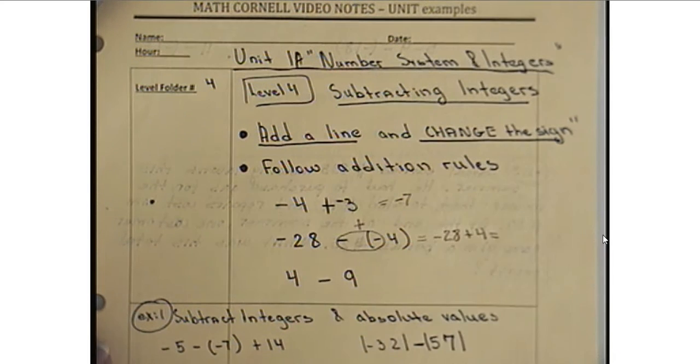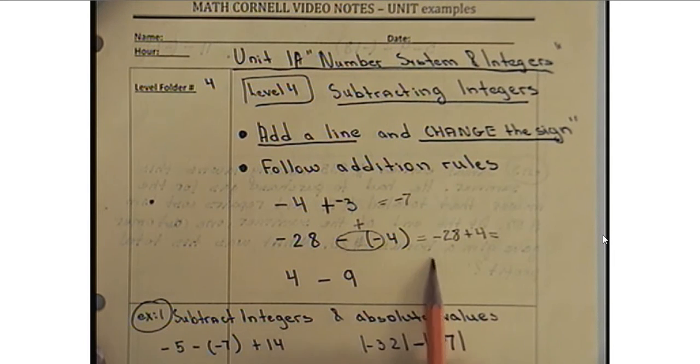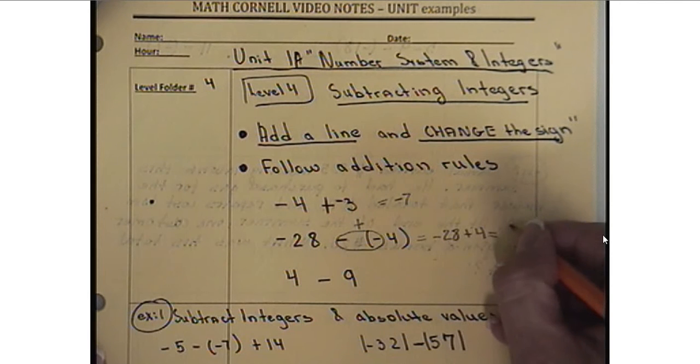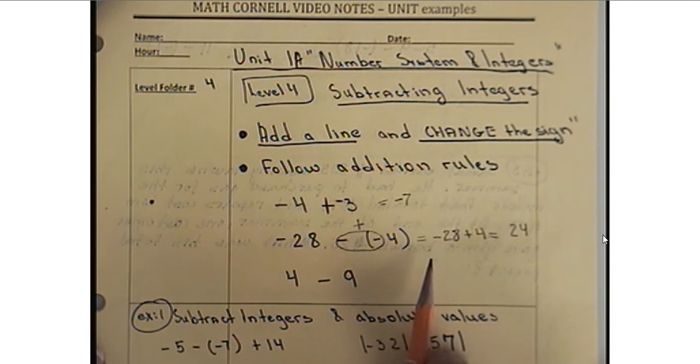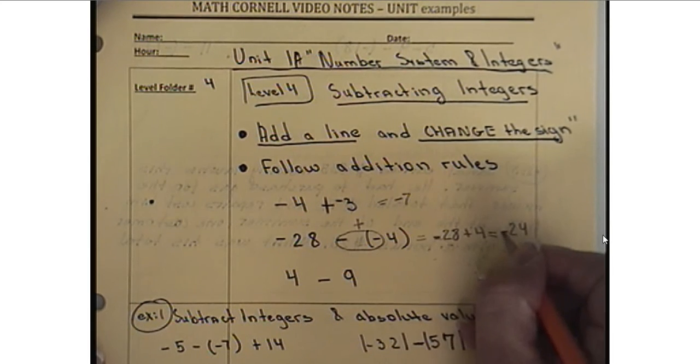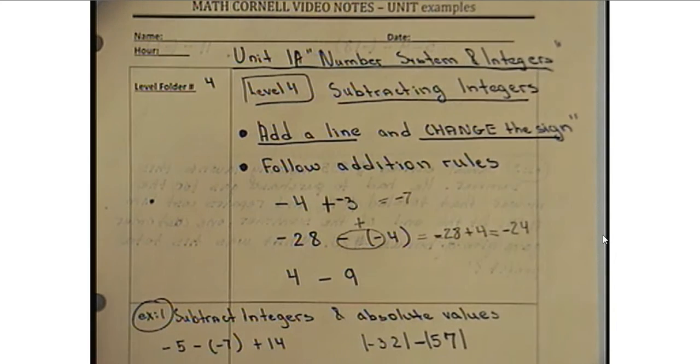Well, this is addition of integers. Negative 28 plus 4 is two numbers with opposite signs. We have to subtract those, so 28 minus 4 is 24. And we keep the sign of the larger number. In this case, 28 is larger than 4.